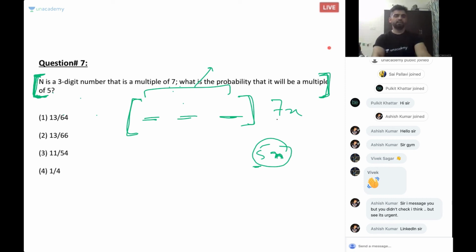We know that n here, that is a number here, is a 3-digit number that is a multiple of 7. Now it is lying between 100 and 999 inclusive both, because n is a 3-digit number. Okay, so my 3-digit numbers multiples of 7 are 105, 112, 119, and so on.